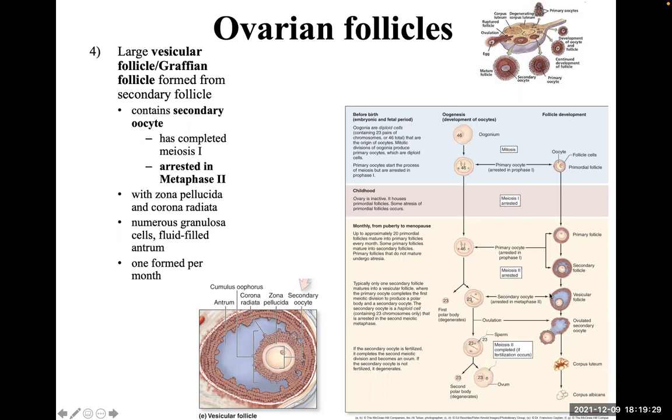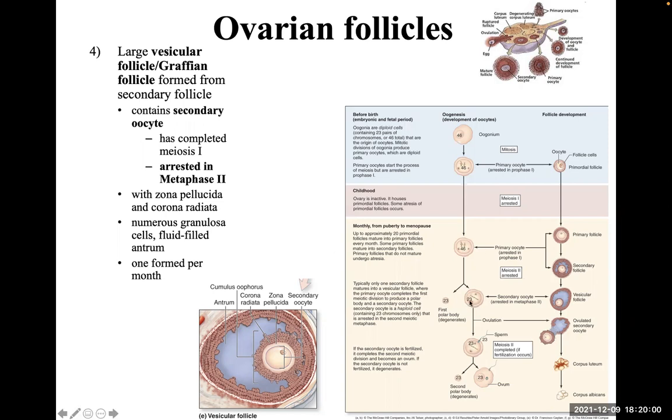What happens during this process is you get this primary oocyte. It finishes meiosis 1, and it starts to go into meiosis 2. When it finishes meiosis 1, remember, if you can think back to meiosis, what you get at the end of meiosis 1 are 2, technically speaking, haploid cells, because they have 23 chromosomes, but these cells have 2N genetic information.